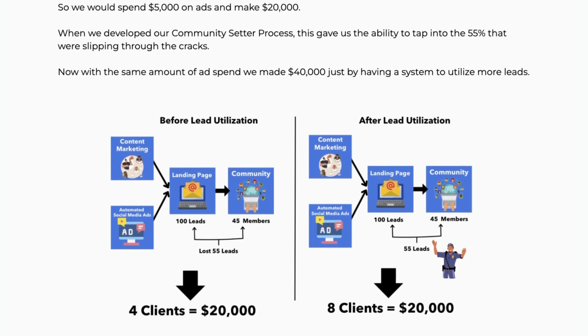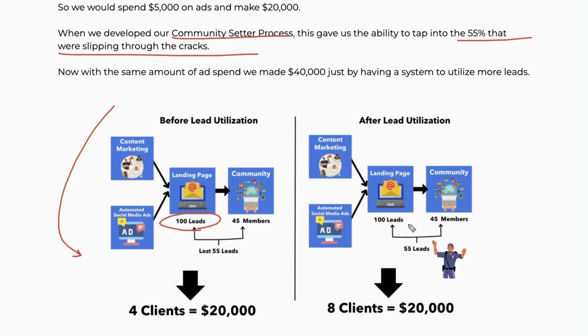Now, when we developed the community setter processes, that actually gave us the ability to tap into the 55% that was slipping through the cracks. Now, with the same amount of ad spend, spending $5,000 a month on ads, we were able to generate $40,000 a month. So before lead utilization, we would end up getting 4 clients out of 100 leads, right?